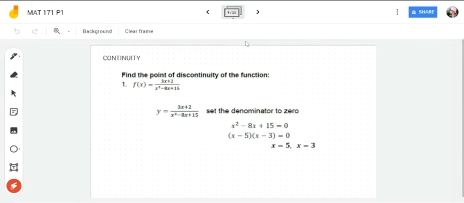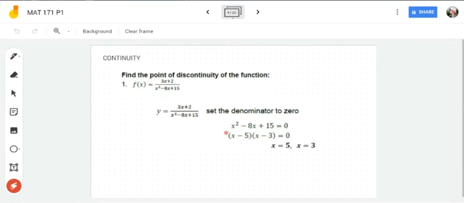More examples for the point of discontinuity. The example that we have here is the equation 3x plus 2 over x squared minus 8x plus 15. We will be finding the point of discontinuity of this function. In order to do that, you will simply equate your denominator to 0. So that will become x squared minus 8x plus 15 is equal to 0, and then we can factor this out.